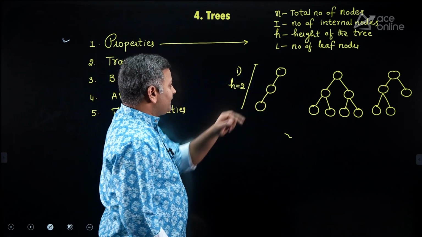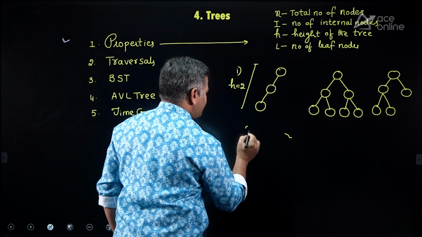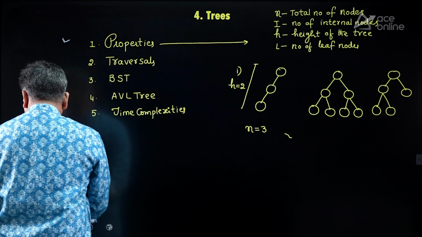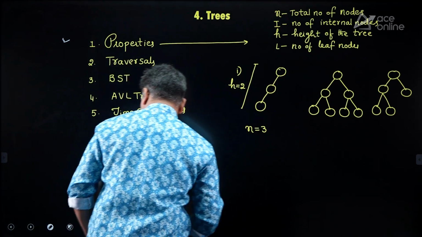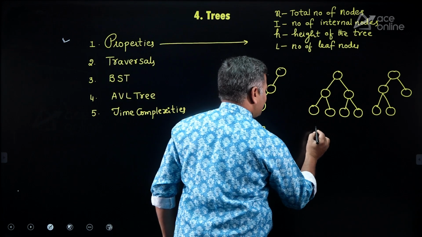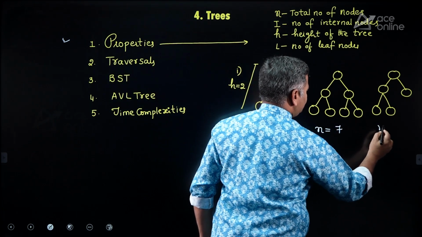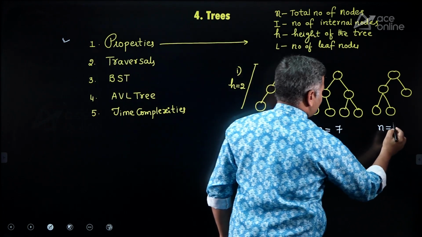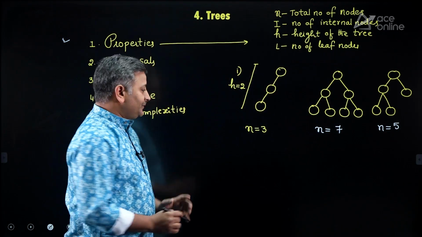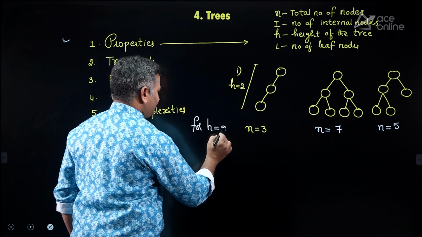In this case, how many nodes are possible? In the first example, the number of nodes n is equal to 3, whereas in this case n is equal to 7, and here n is equal to 5, but the height of the tree remains the same, h equal to 2.